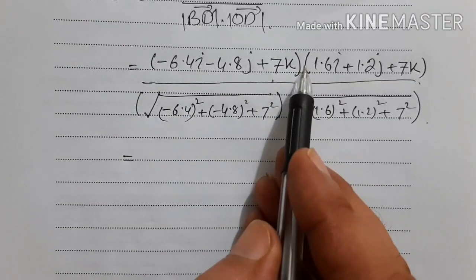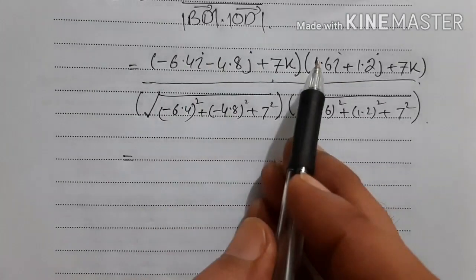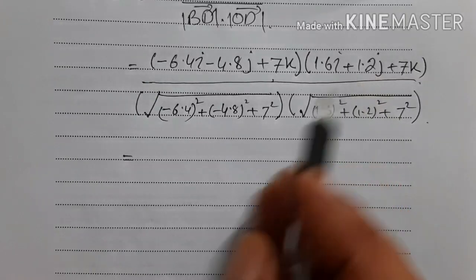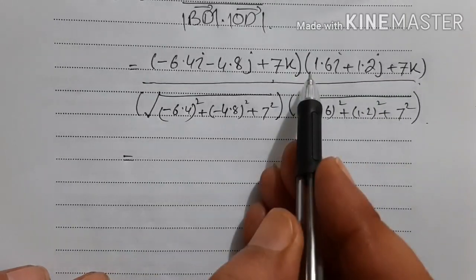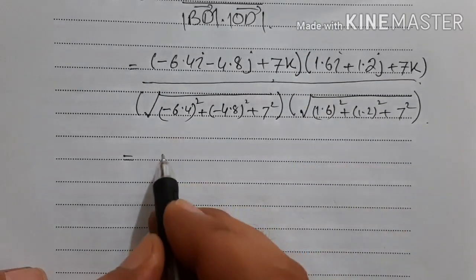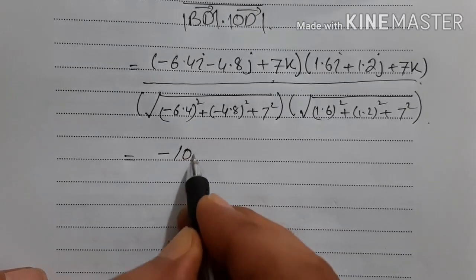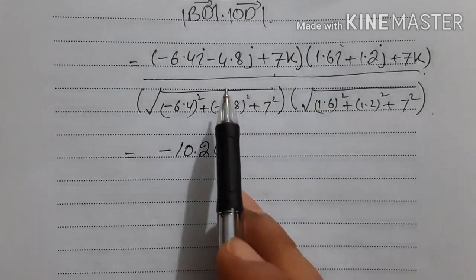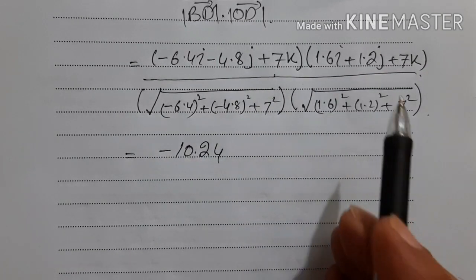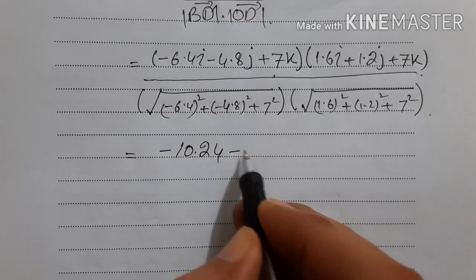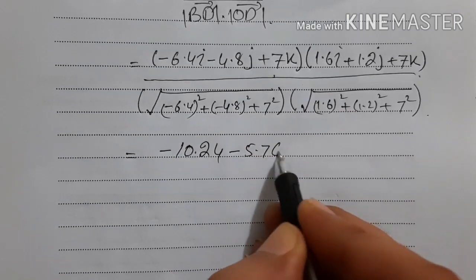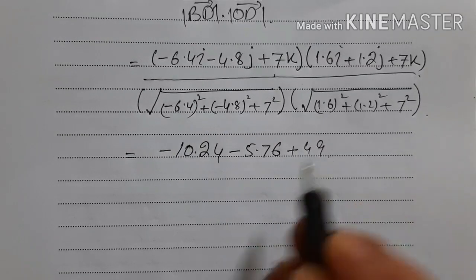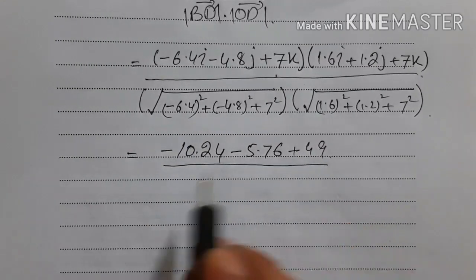I'll multiply these two vectors: i with i, j with j, and k with k. Minus 6.4 times 1.6 gives minus 10.24. Minus 4.8 times 1.2 gives minus 5.76, and 7 times 7 gives plus 49.